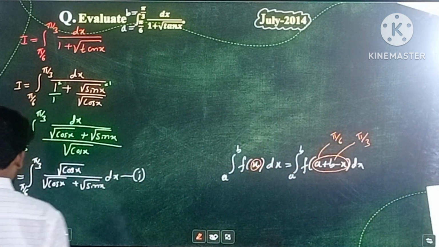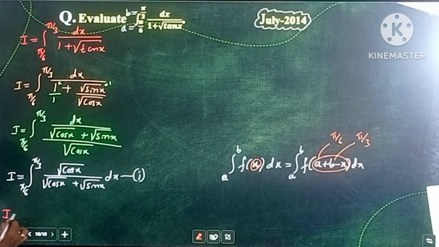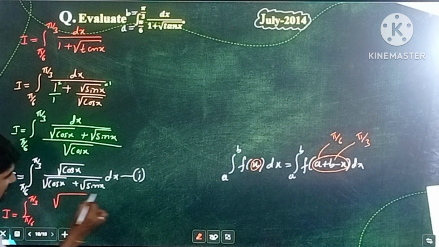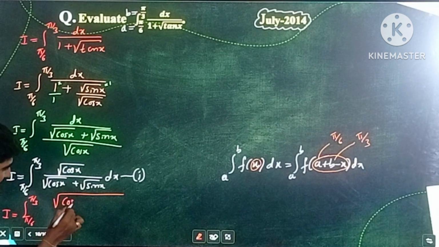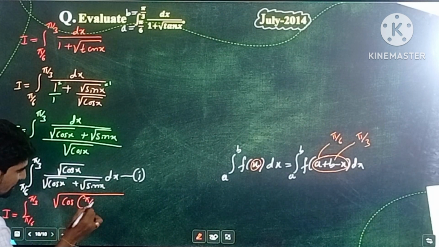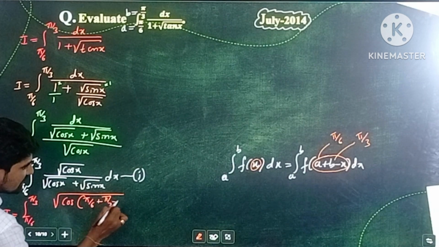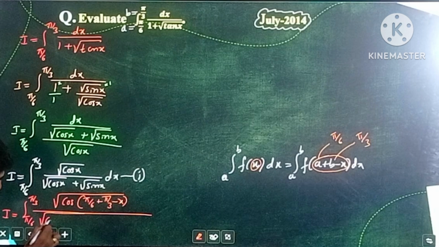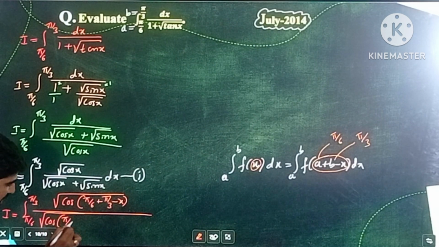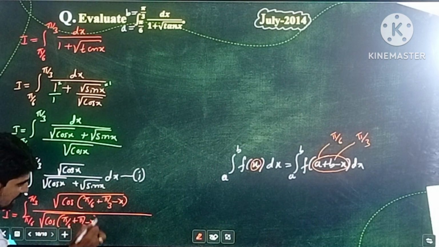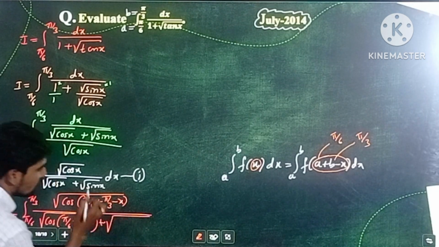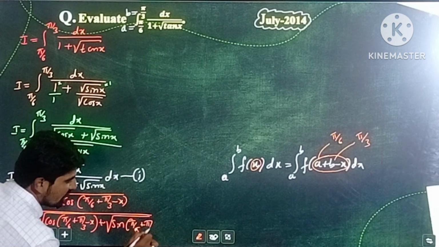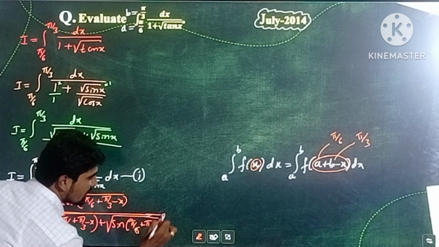So by this property, I is equal to integration from pi by 6 to pi by 3 root cos x can be written as cos of a plus b, that is pi by 6 plus pi by 3 minus x, divided by square root of cos of pi by 6 plus pi by 3 minus x, plus square root of sin of pi by 6 plus pi by 3 minus x with respect to x.